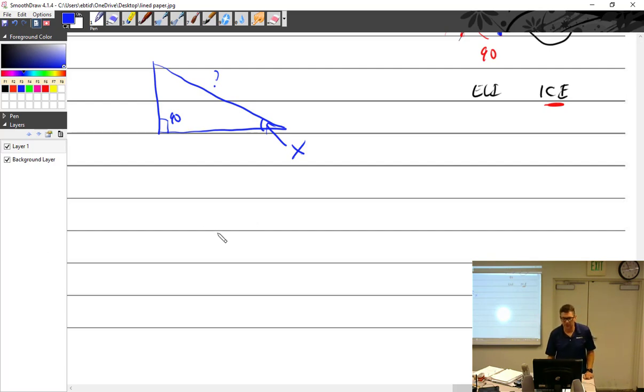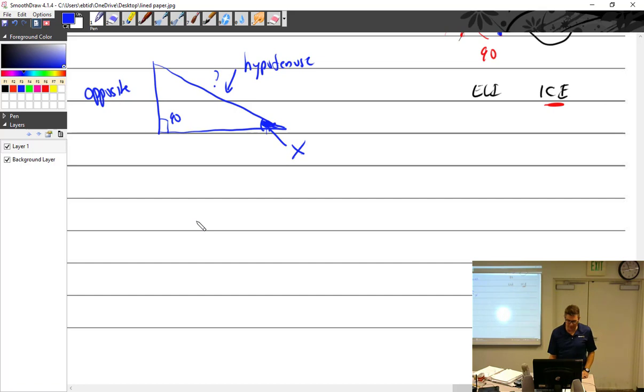So we need to know a couple things. This leg right here is always called the hypotenuse. If we are referencing this angle right here, which is the angle we want, then this side over here is the opposite side, because it's opposite that angle.